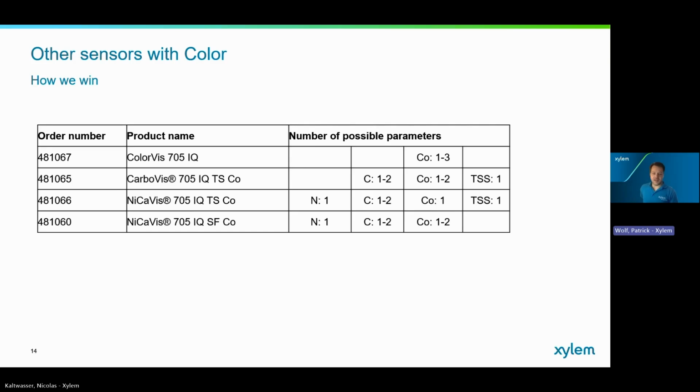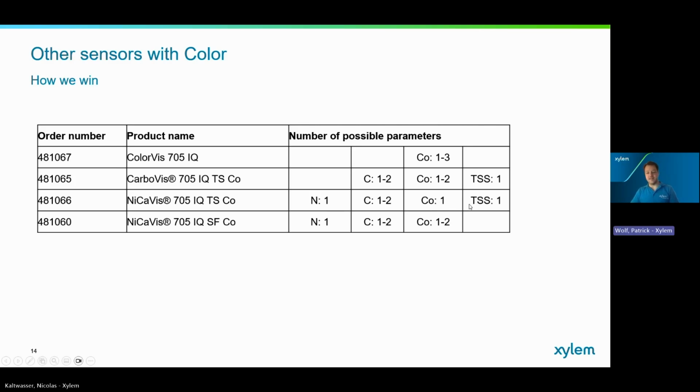So let's go through this in line order number 66, the WTW TS. That's the product number 3. A customer which purchases this sensor expects a nitrate parameter. So the N parameter is shown. The customer expects a carbon parameter. That's why he purchased a WTW. So a carbon parameter is shown. And the customer expects color and total suspended solids.